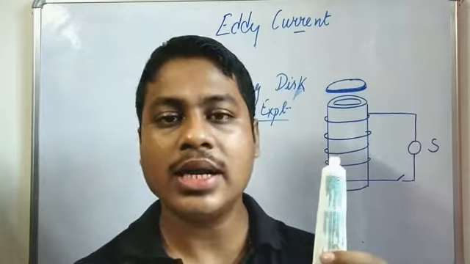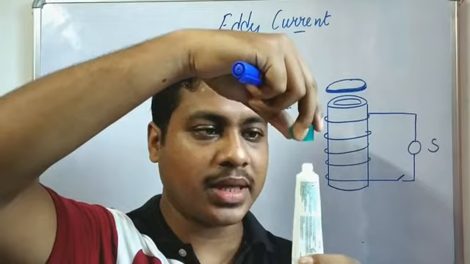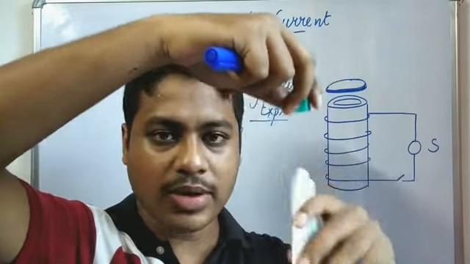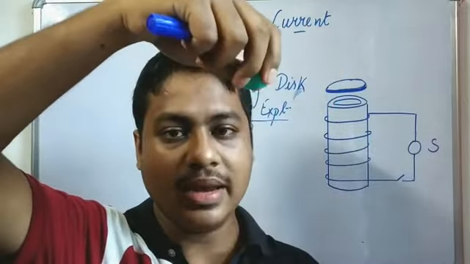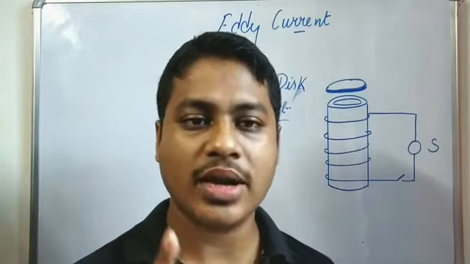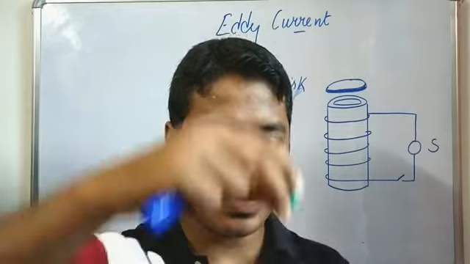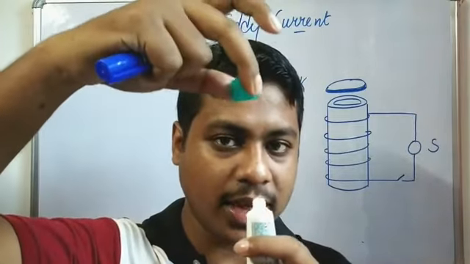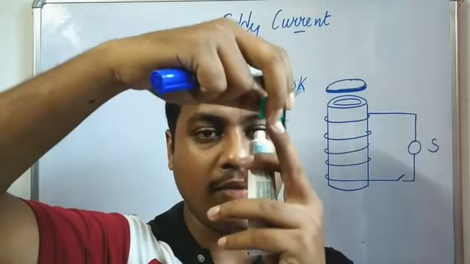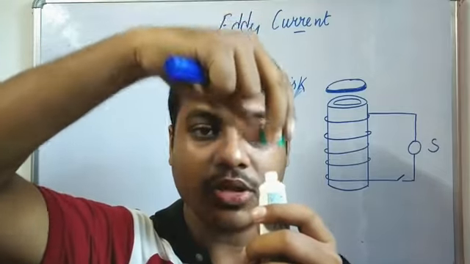Then according to Lenz's law, the lid present above it always tries to oppose the motion of a material or a magnet. Because the lid is a metal, and the upper part of the can behaves as a north pole, the lid will also behave as a north pole, and so it will be repelled by the solenoid.